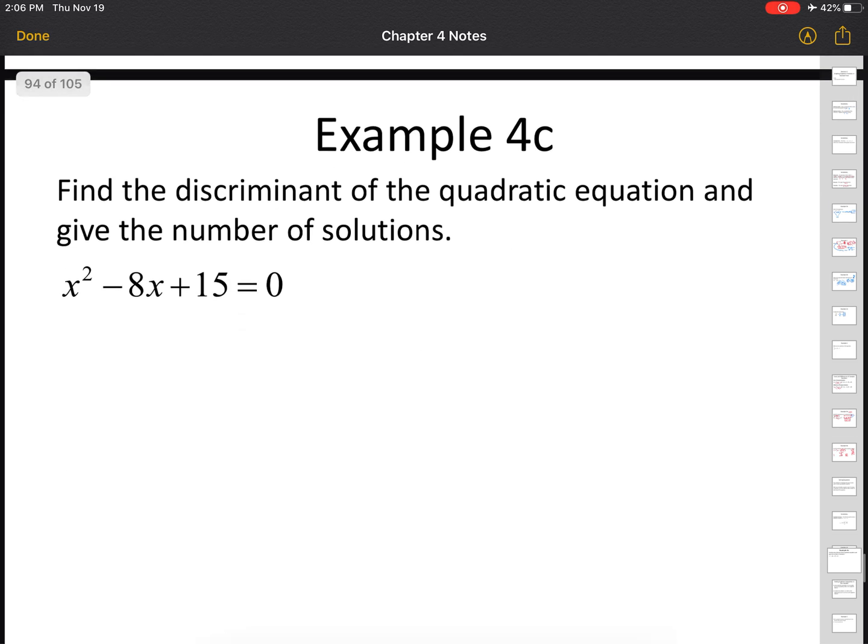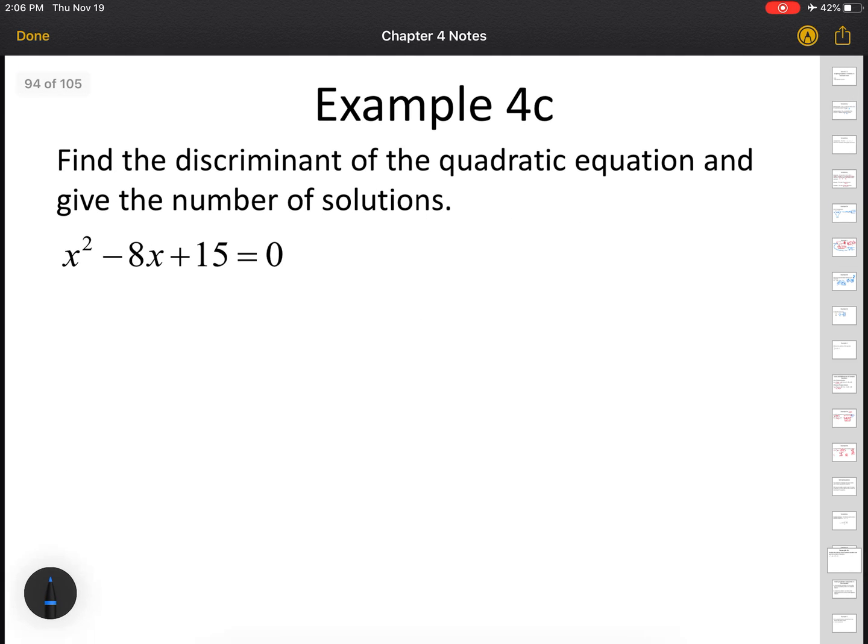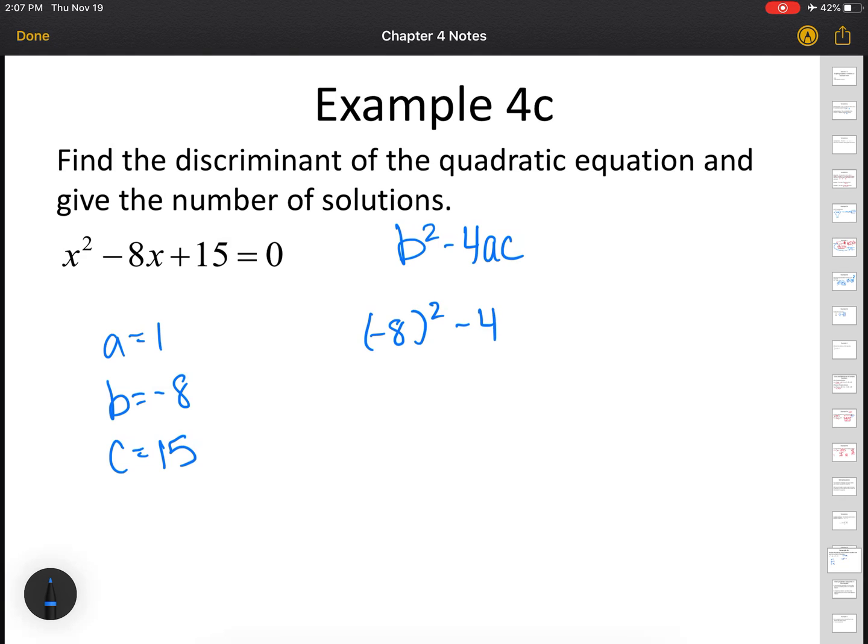And last but not least, here again we have the discriminant one. So b squared minus 4ac. Picking out a, b, and c. A is 1, b is negative 8, and c is 15. So again, negative 8 squared, or b squared, minus 4 times 1, which is our a, times c, which is 15. Again, one last time, negative 8 times negative 8 is 64.